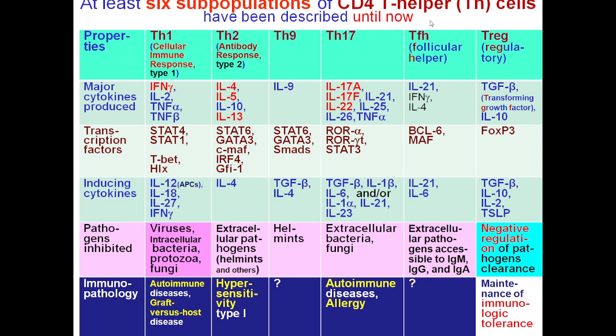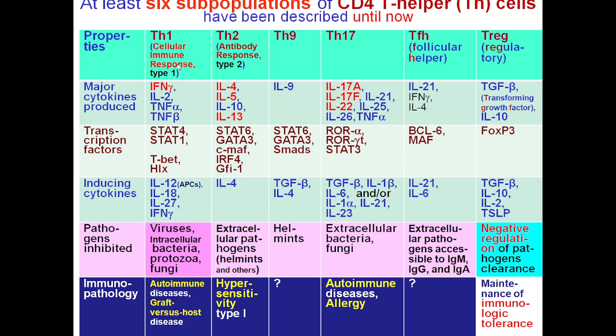We told you about different subclasses of T helper cells. All these helper cells are CD4 positive cells. Today, at least six subpopulations of T helper cells have been described. T helper type 1, secreting interferon gamma, interleukin 2, and tumor necrosis factor alpha and beta.